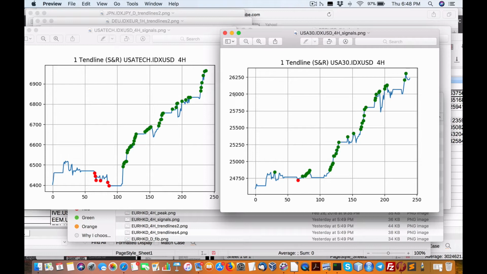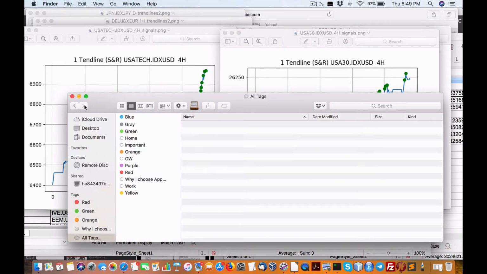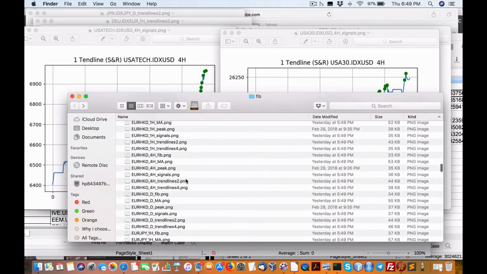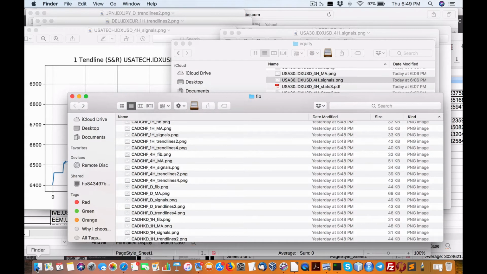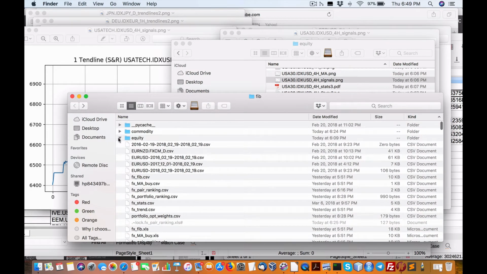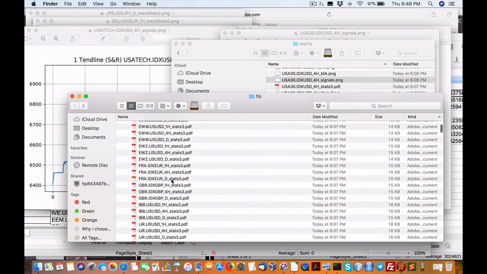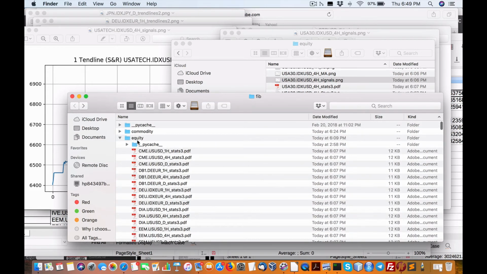Okay, and then again, let's check out the Japanese yen on the equity. Okay, let's get that. We can see the different combinations. Now remember, we can check all this stuff out statistically as well.